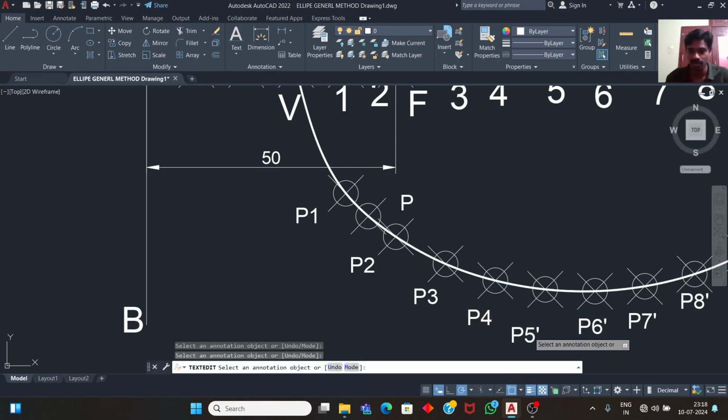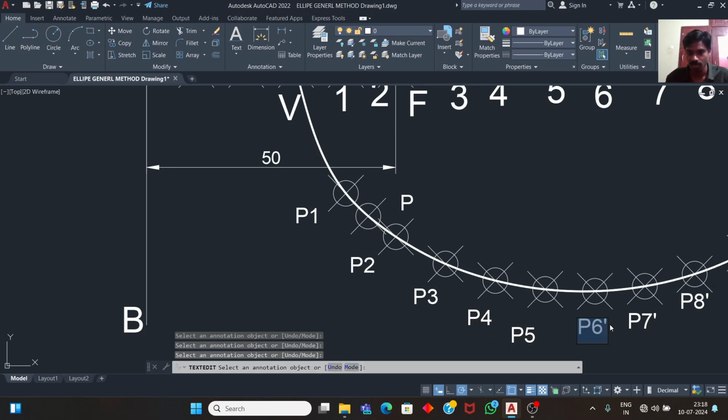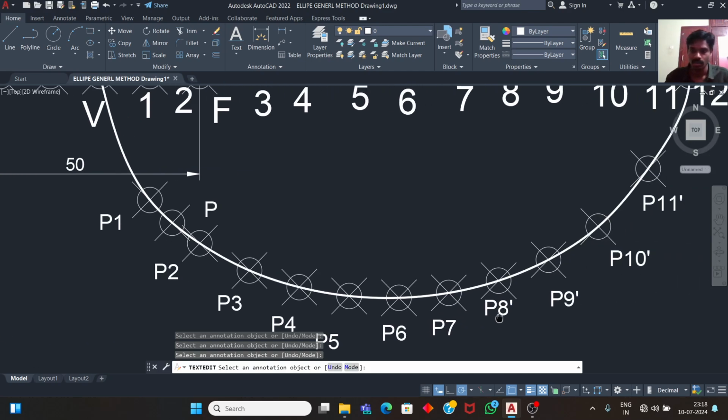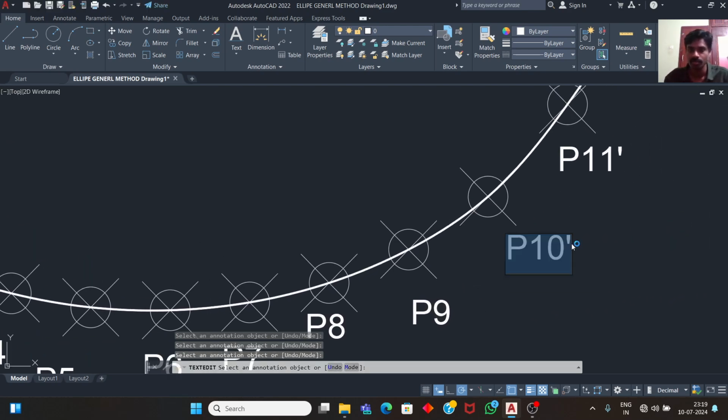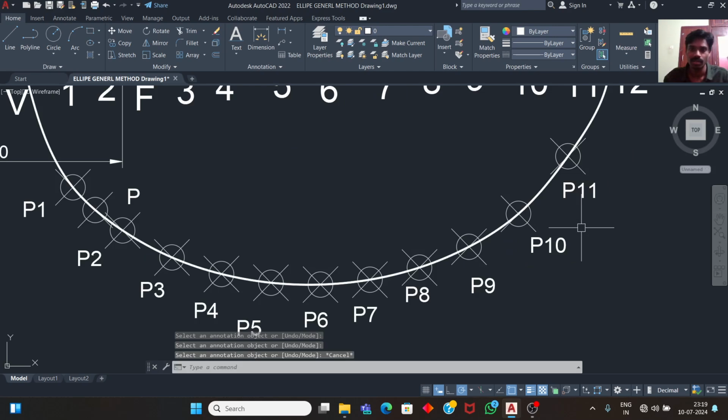We need to differentiate it. So remove all the dashes of these points.